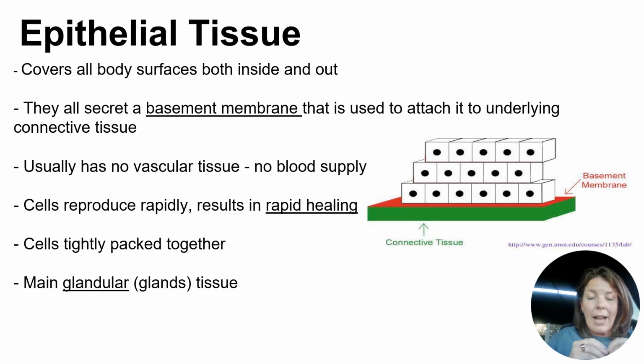No blood supply, meaning that it needs to constantly be reproduced with new cells. And when those old cells get worn off, when they're forming protection, we don't feel pain. We don't lose blood supply when these cells slough off.